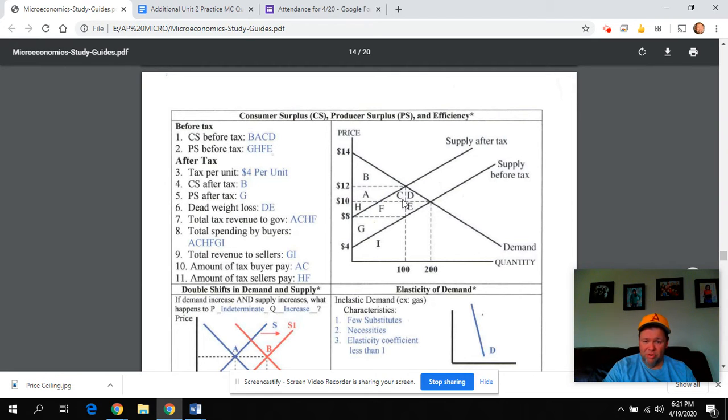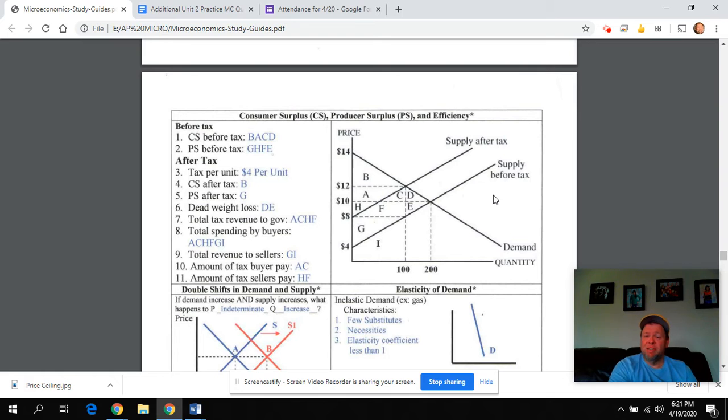So remember, producer surplus is this whole triangle below the equilibrium price. Consumer surplus is the area of the triangle above equilibrium. That is where you maximize what's left over. Consumer surplus is the money that consumers didn't have to spend that they thought they were going to have to. Producer surplus is the money that businesses earned that some businesses didn't think they were going to get.